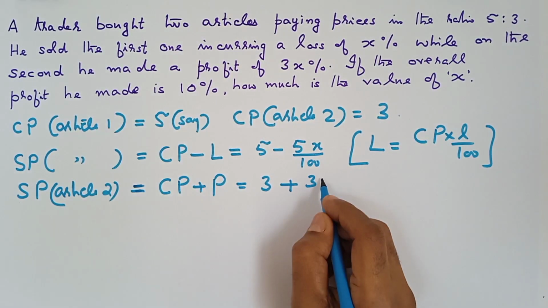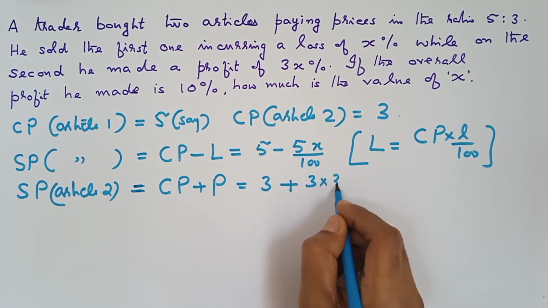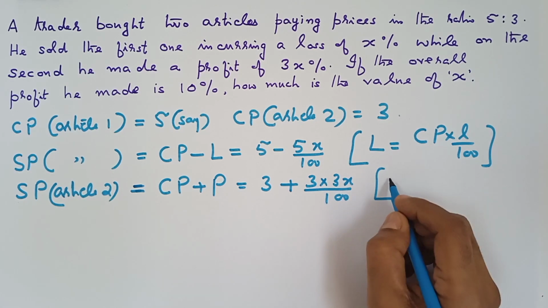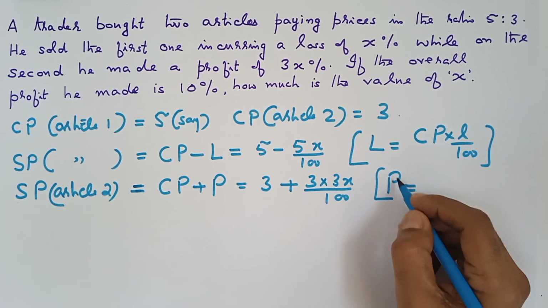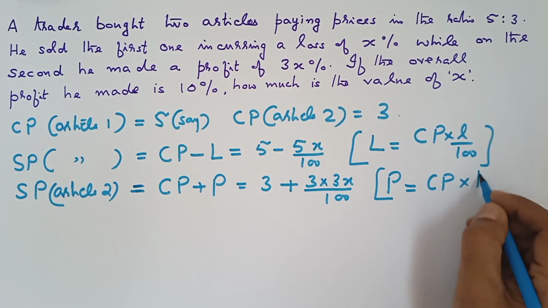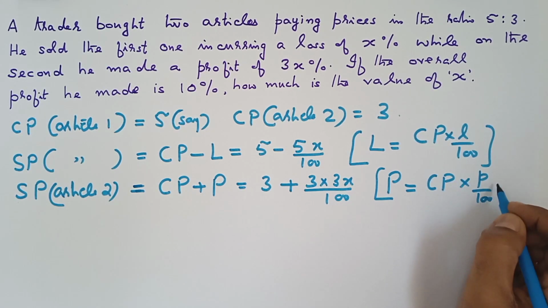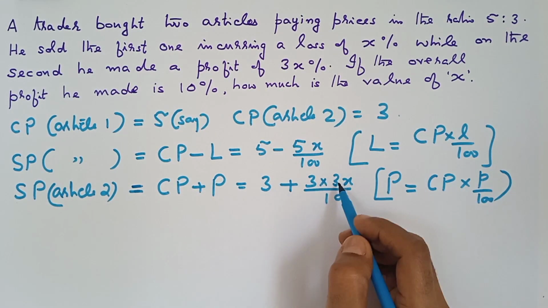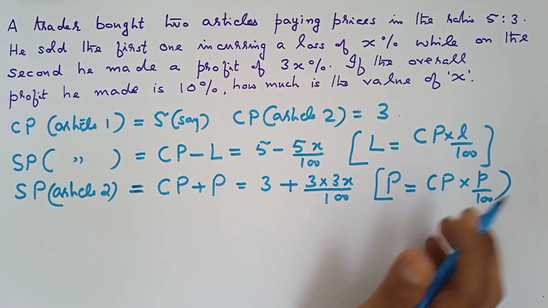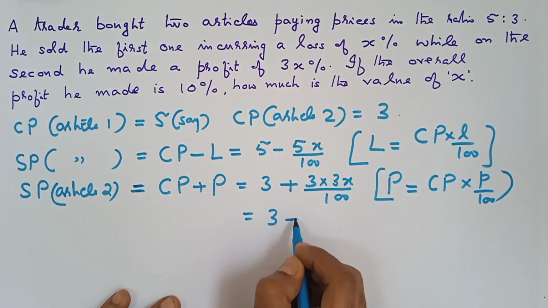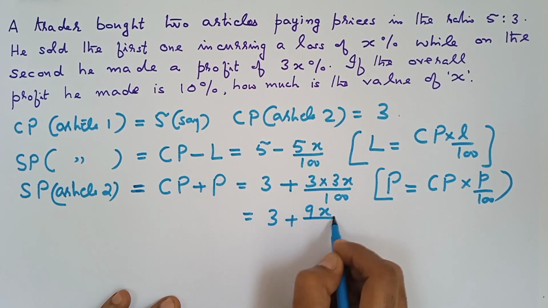That is the profit, into 3x by 100. Then there is a corresponding result for profit, which is CP into P by 100. Here P is 3x%. That's what I'm writing here. CP is 3. Now if you want, you can further simplify it like this.